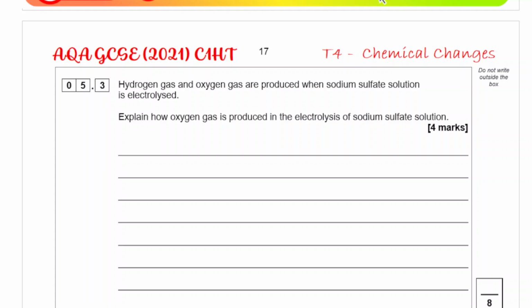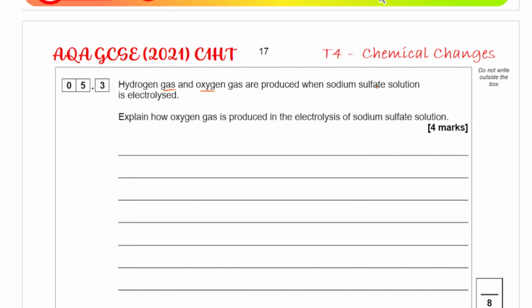Hydrogen gas and oxygen gas are produced when sodium sulfate solution is electrolyzed. Explain how oxygen gas is produced in the electrolysis of sodium sulfate solution. So how are we getting hydrogen gas and oxygen gas from sodium sulfate solution?